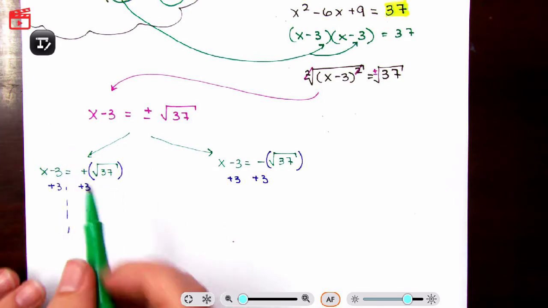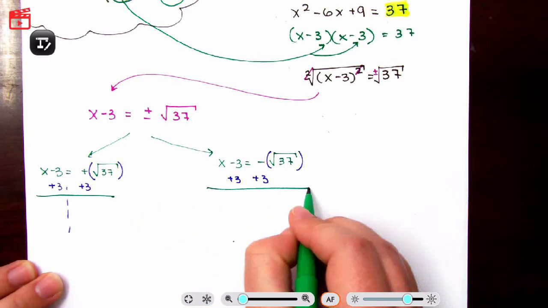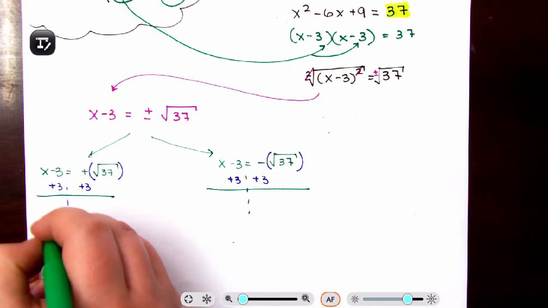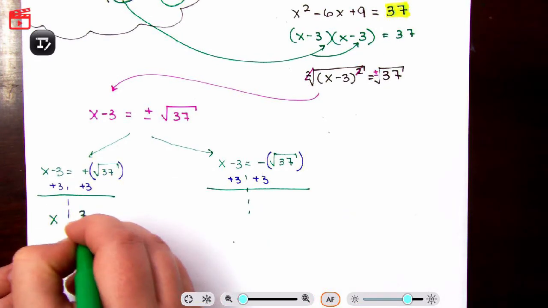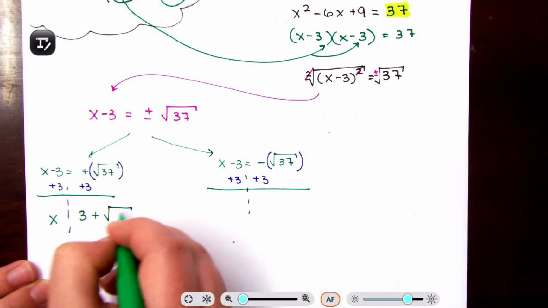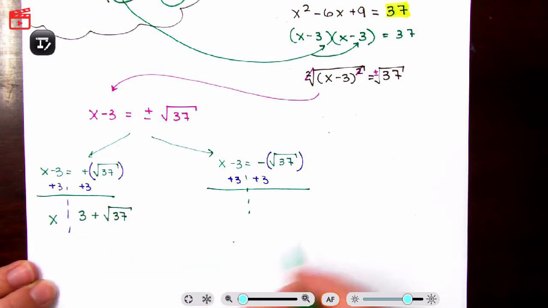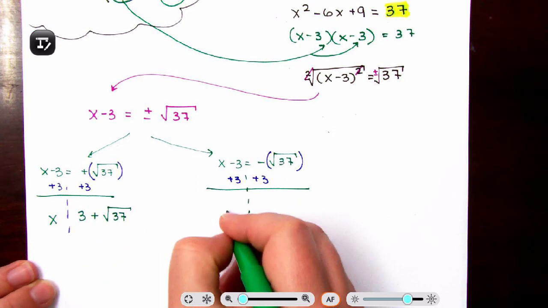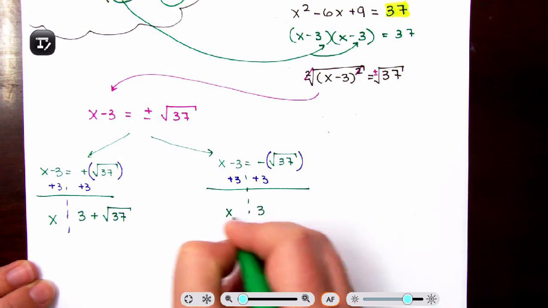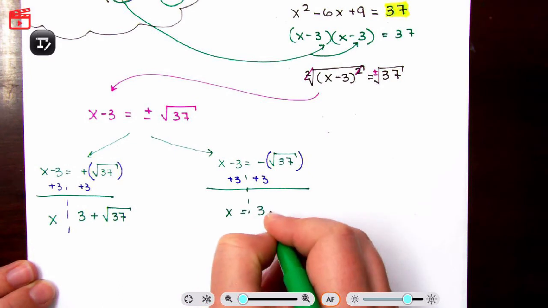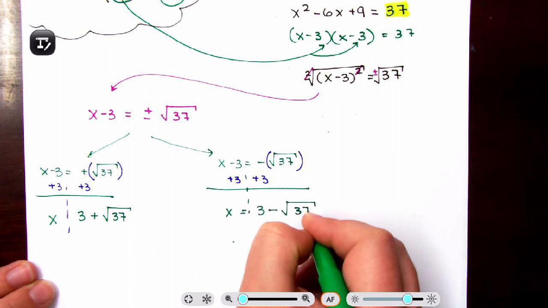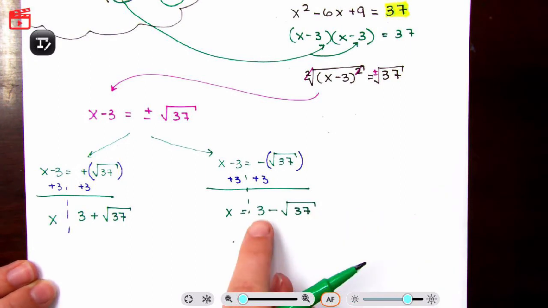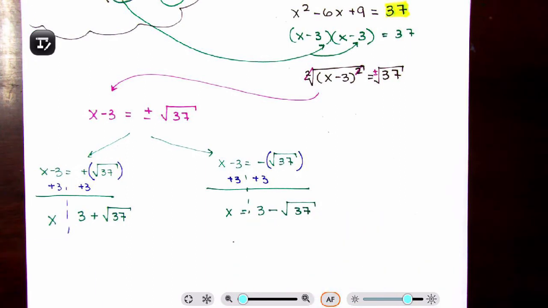So when we are adding 3 to both sides, here you are having x left over on that left-hand side, and here you have 3 plus the square root of 37. And here this 3 is outside of the 37. Here we have x equal to 3 minus the square root of 37. So again, this 3 cannot go inside of the square root.